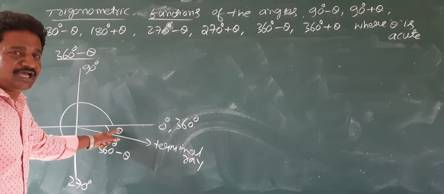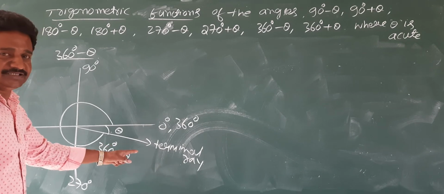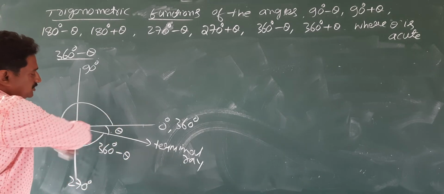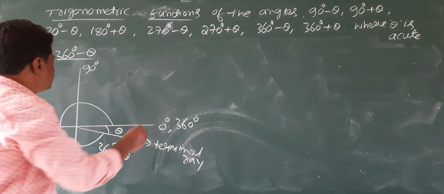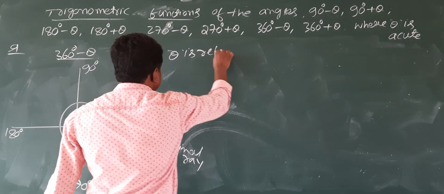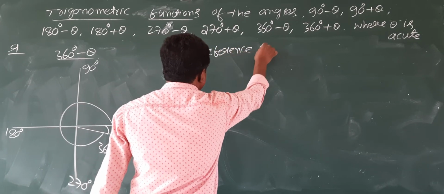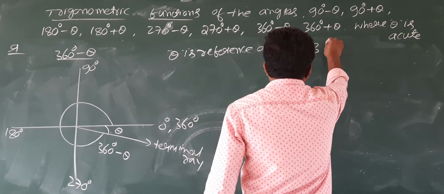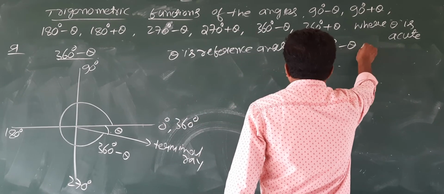Theta is the reference angle to 360 minus theta. This is theta, because full is 360. Theta is the reference angle to 360 degree minus theta.